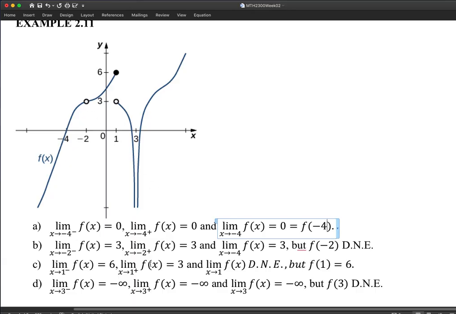And from the right, still it is pushing everything into this same empty circle with y value 3. So there is a left side limit and a right side limit, and if that is the case, we say there's a single limit, 3. But again, 3 is not a function value. f(-2) is simply not defined at all. It does not exist. So that is the behavior of the function at -2.